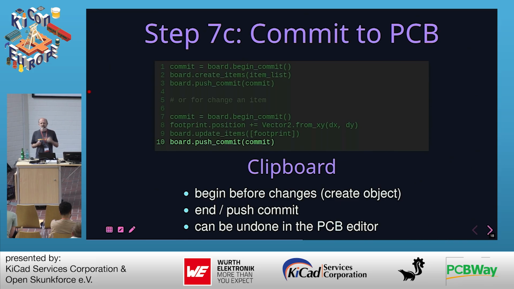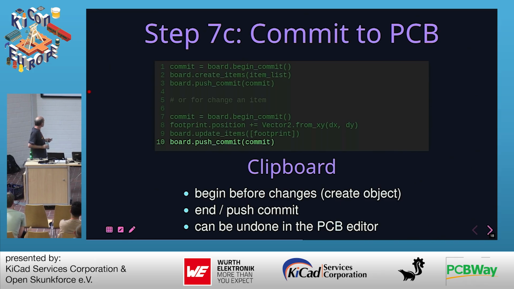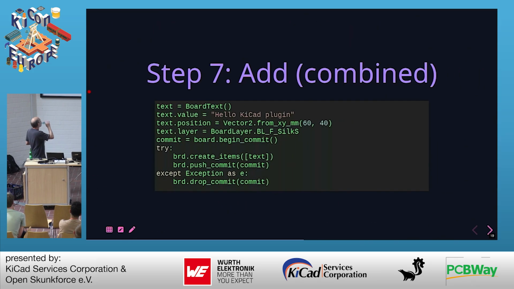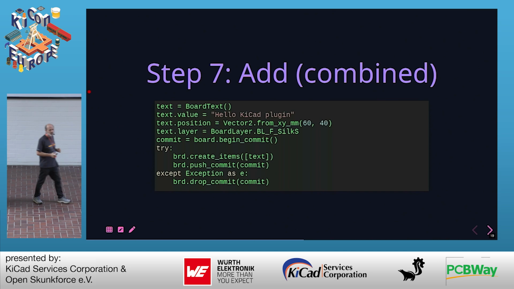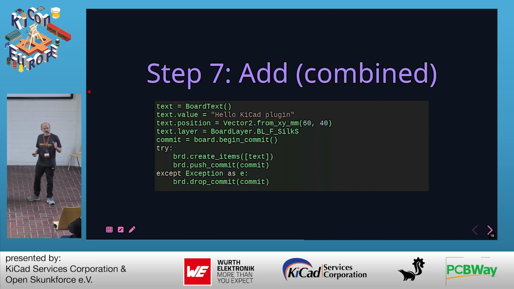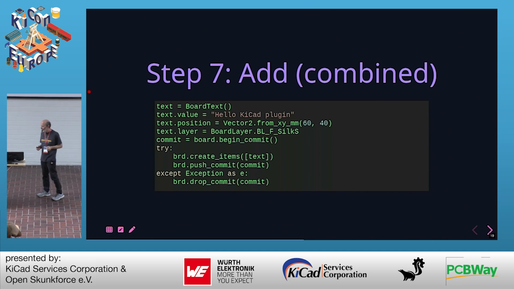So in some cases, it might be convenient if the user can just do certain steps and undo them one at a time. This is simply several steps combined. So with these commands, you can actually add something on your board.